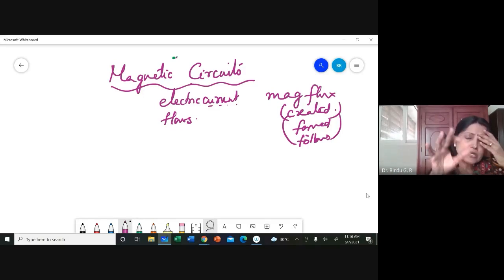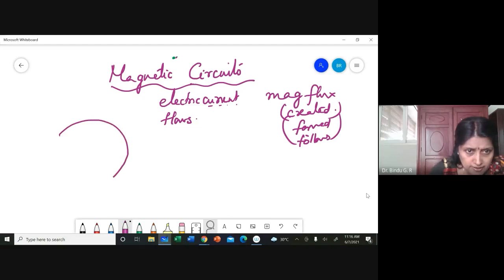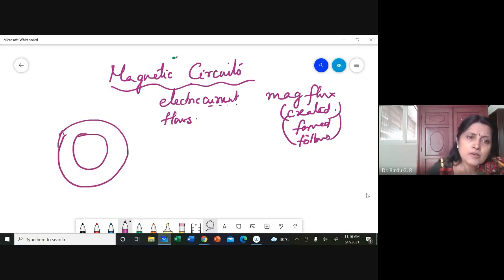We are not going into the actual magnetism here. What we are discussing is the magnetic circuits formed by electrical energy. Okay. So if I consider a toroidal iron ring like this, and I have a winding like this.